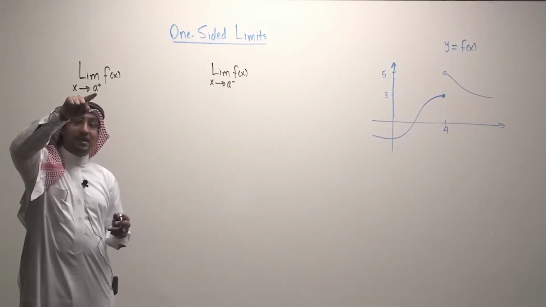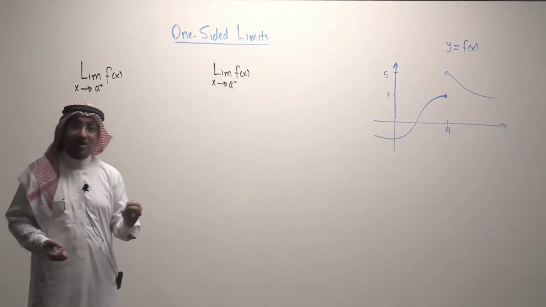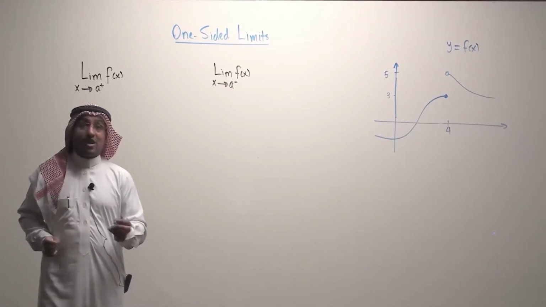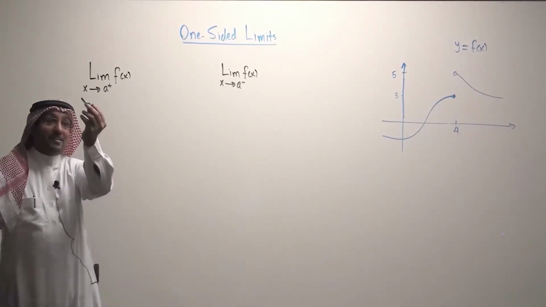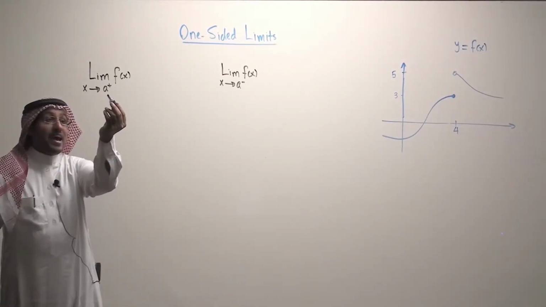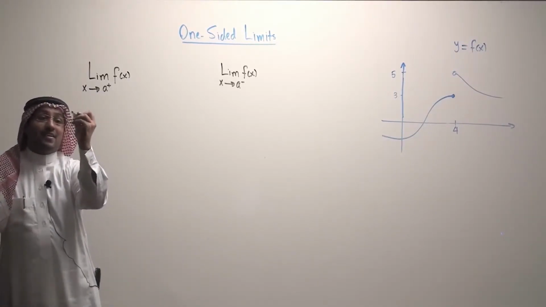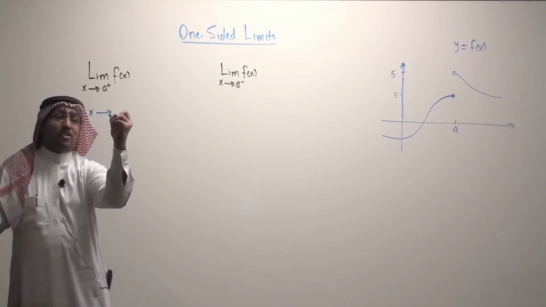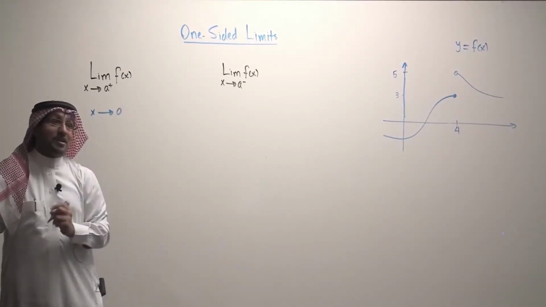the number, it's going to it from one side, either from the left side or the right-hand side. For example, when we write the limit of the function f of x as x approaches a from right, what does that mean? It means as x approaches a, but from the right side, that's why I'm writing plus.